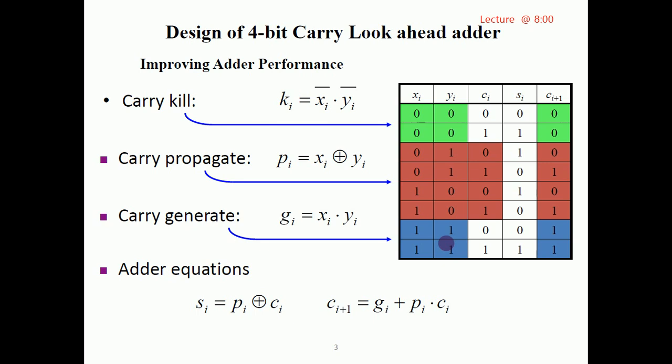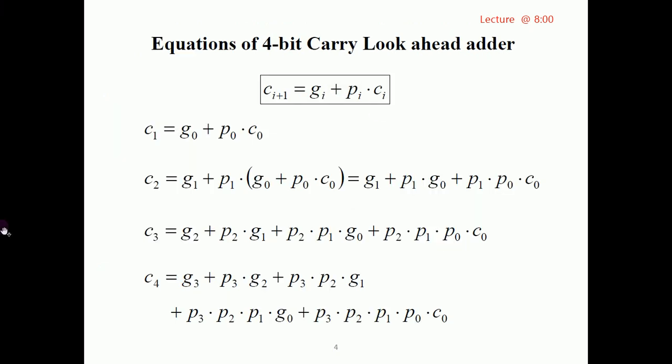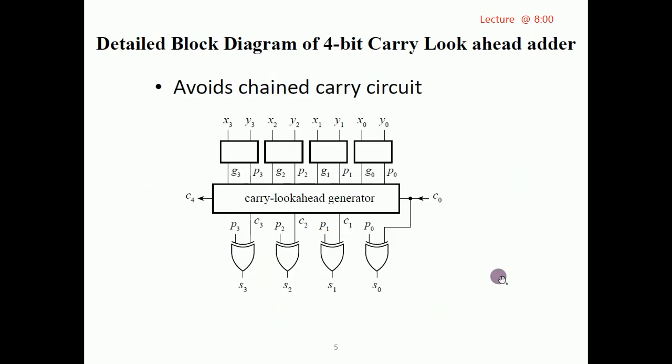So here we have the same expressions that we had on the paperwork. This is how the block diagram looks now. We will be generating P0 and G0 as inputs. K0 or Ki is not necessary because it would kill the carry, and we are just thinking about setting the carry, so ignore K. P and G will be generated for all the bits.